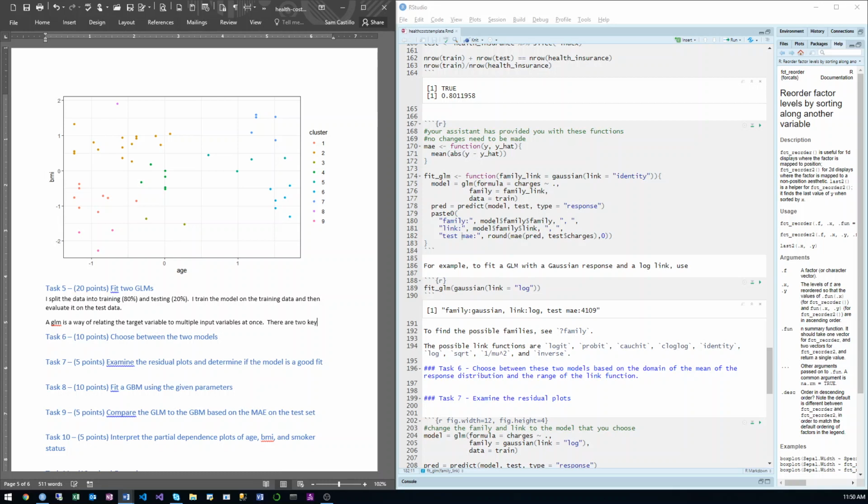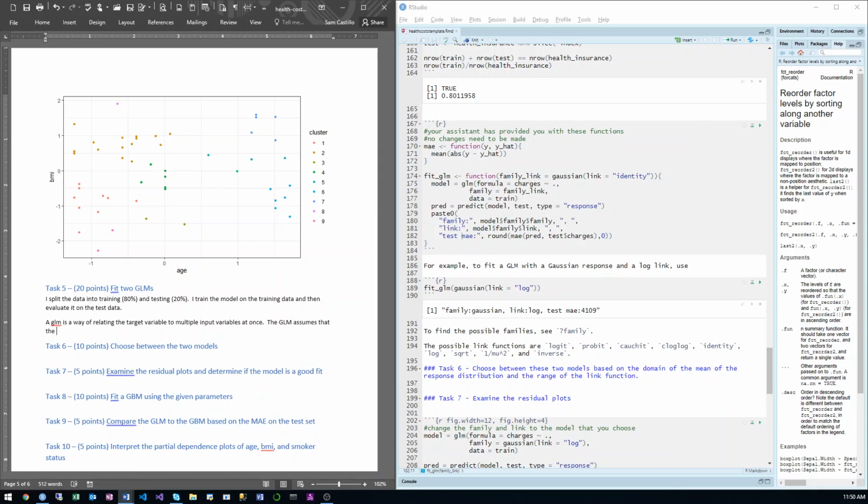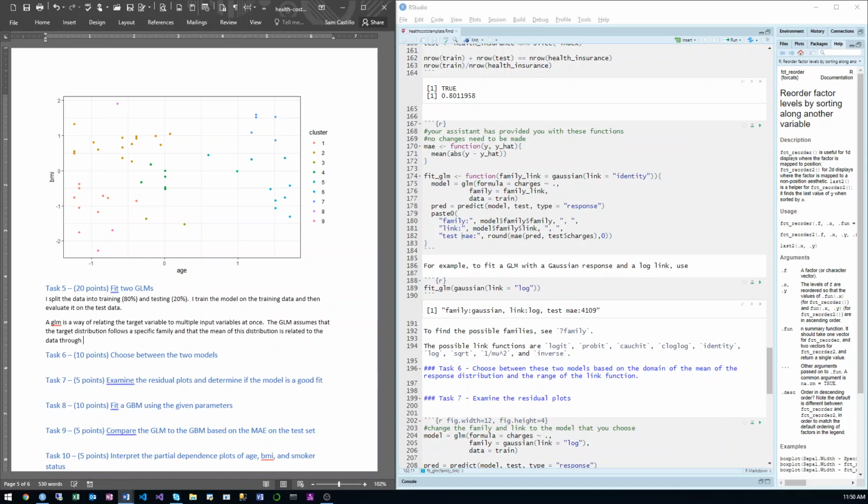The GLM assumes that the target distribution follows a specific family and that the mean of this distribution is related to the data through a link function.